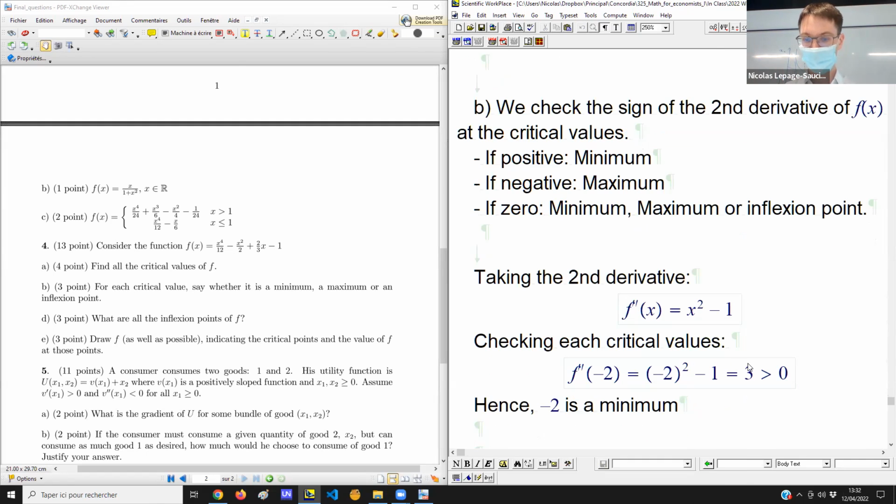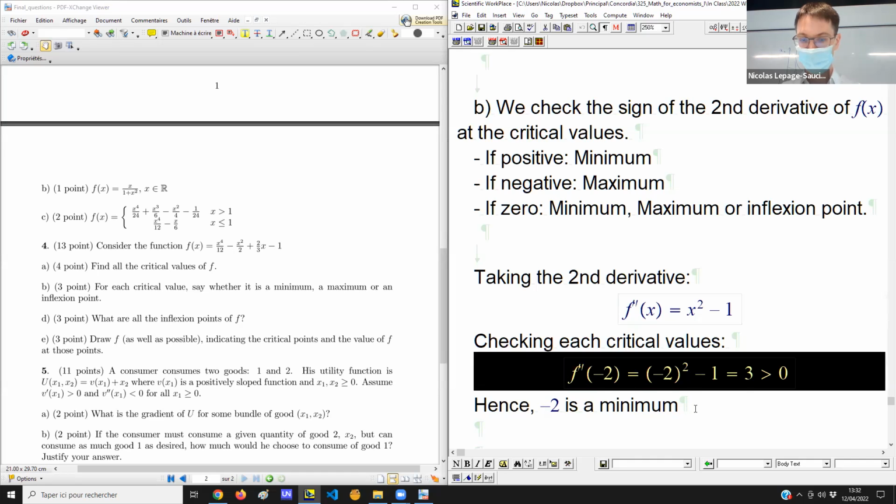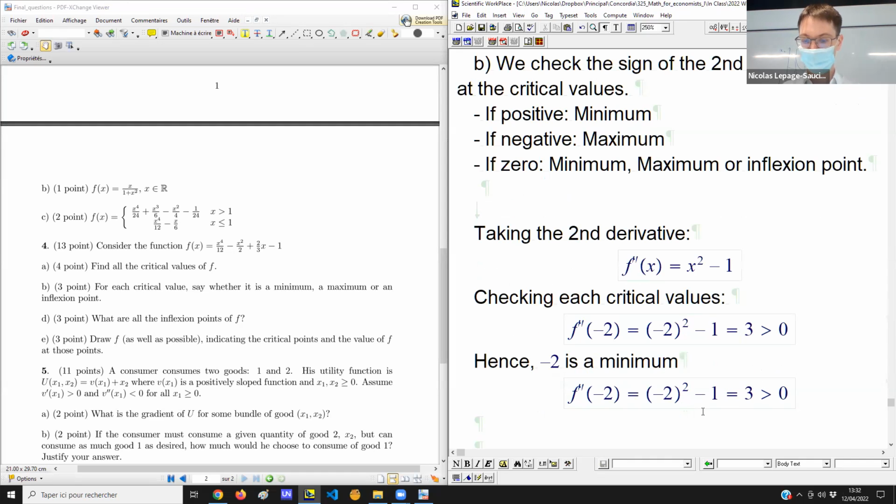Then -1 squared -1 equals 0. So we don't know, but possibly, yeah, positive, negative, or inflection.